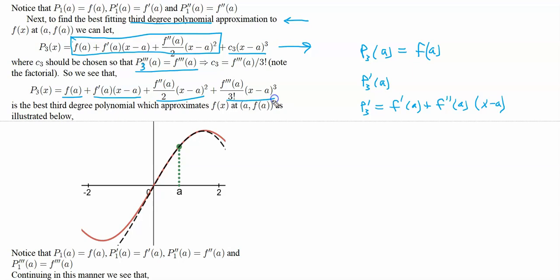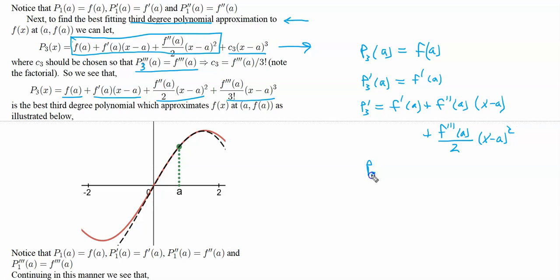And the first derivative of this piece is going to be f triple prime of a over 2. We drop the 3 down, that's going to cancel with one of the 3's here, times x minus a squared. Now, if we evaluate P3 prime of a, notice if we put a in for the x here and the x here, these go to 0. You're left with f prime of a, which is exactly what we want.